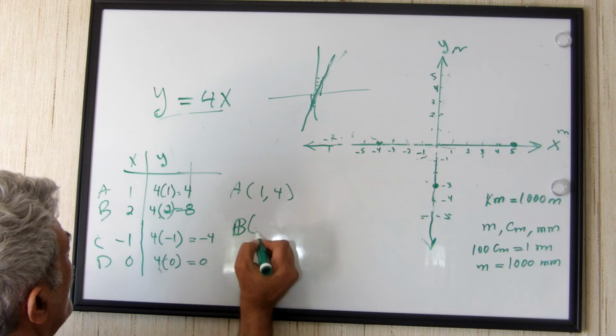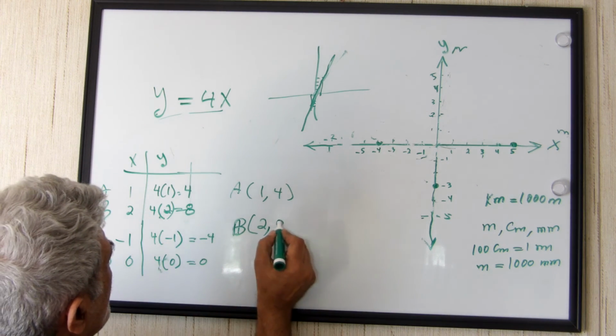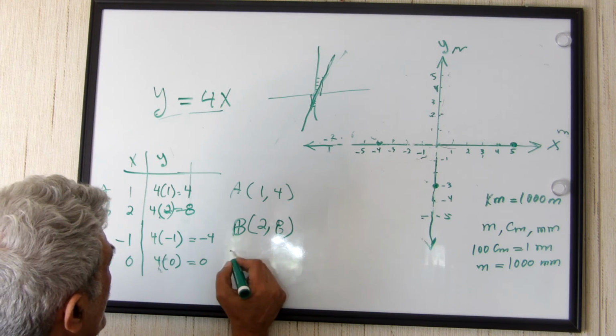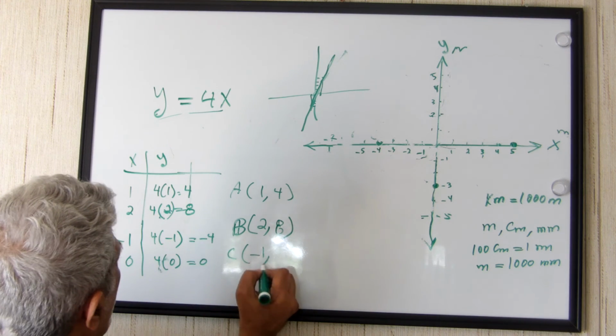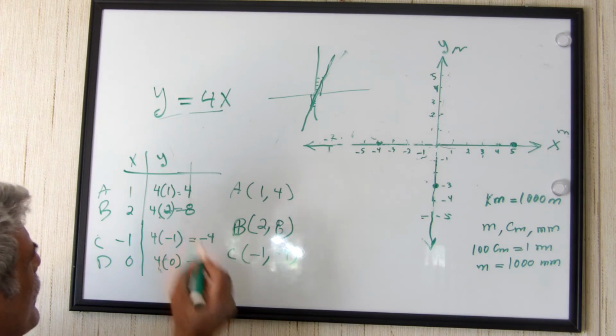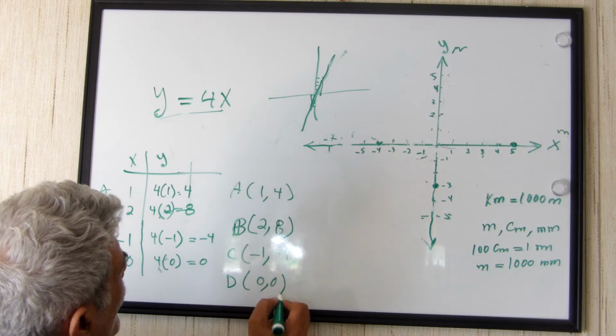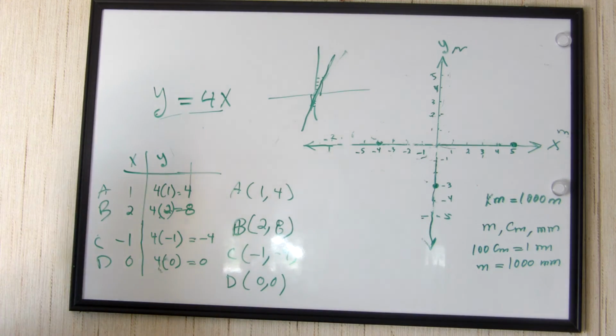B is 2 and 8: x is 2, y is going to be 8. C is minus 1 and y is minus 4, because we put minus 1 in here and got minus 4. And D is 0, 0. These are the points. Let's draw this.